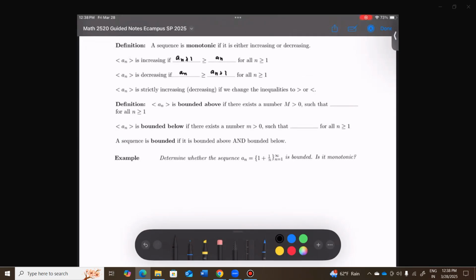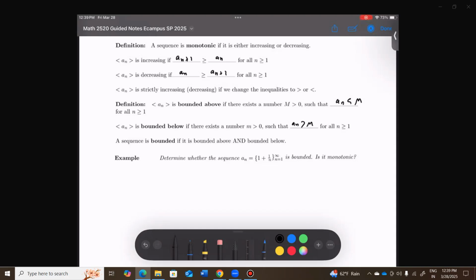Then another definition is bounded above. We'll also get into bounded below. Bounded above is if there exists a number m greater than 0 such that a sub n is less than m, no matter what a sub n is. And bounded below is if there exists a number m greater than 0 such that a sub n is greater than m, no matter how low a sub n goes.